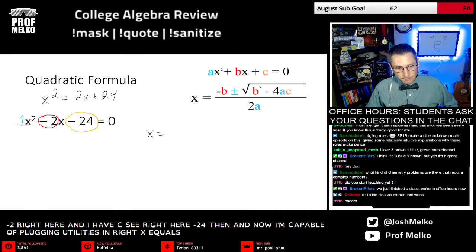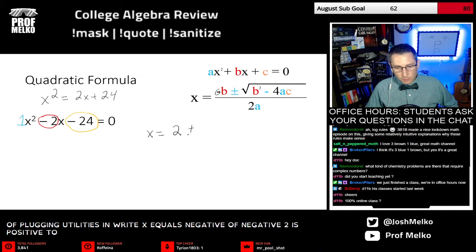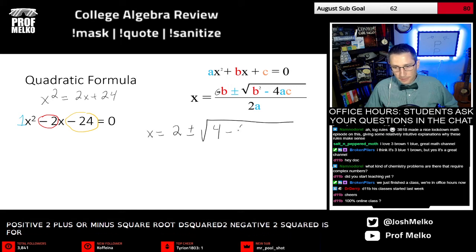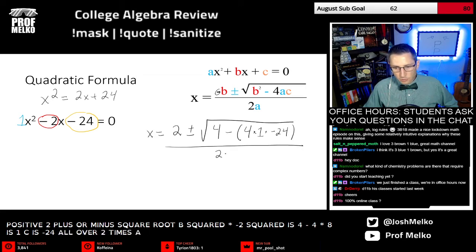X equals negative of negative 2 is positive 2 plus or minus square root b squared, so negative 2 squared is 4, minus 4 times a, which is 1, times c, which is negative 24, okay? All over 2 times a, which is 1. Okay, so I can rewrite this.